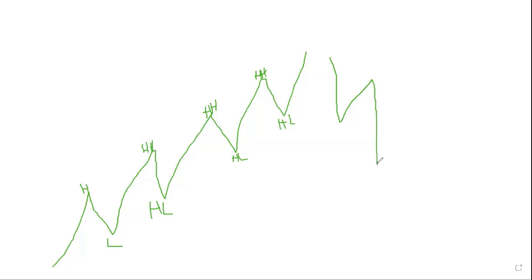So market continues lower and creates a low that is even lower than the previous low. So it pulls back and creates a high lower than the previous high. So it pushes down further and creates a low lower than the previous one and pulls back a bit and creates a high that is lower than the previous high.